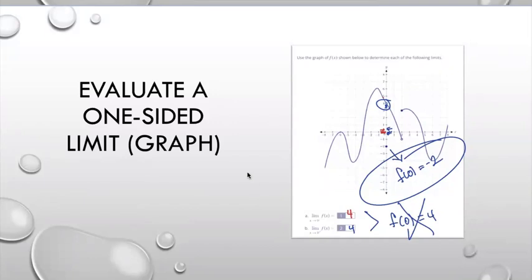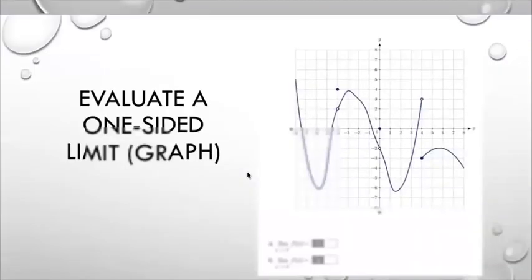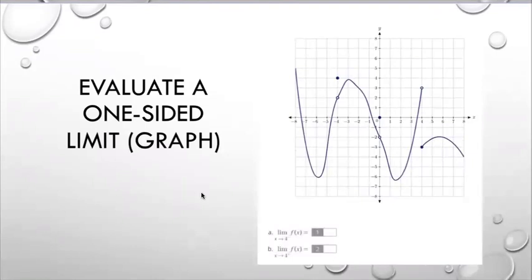Okay, and so example number 3, now we are talking about x equals 4. So again, where is x equals 4? This in here. So that is your x equals 4. We are talking about what's happening when we approach 4 from the left.